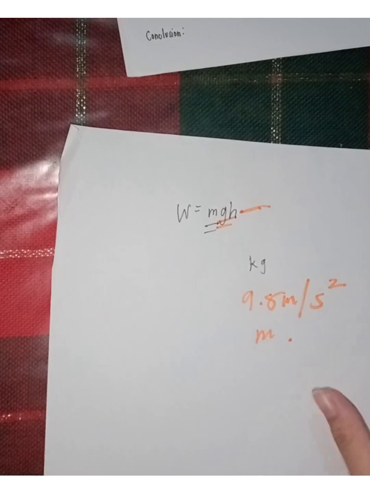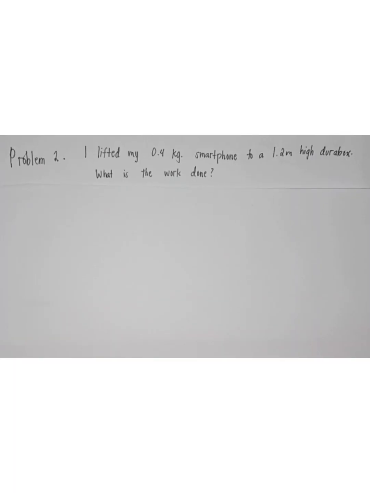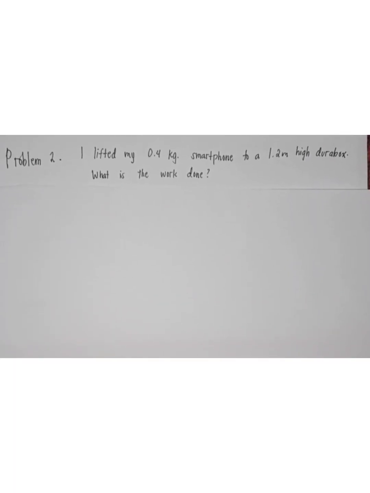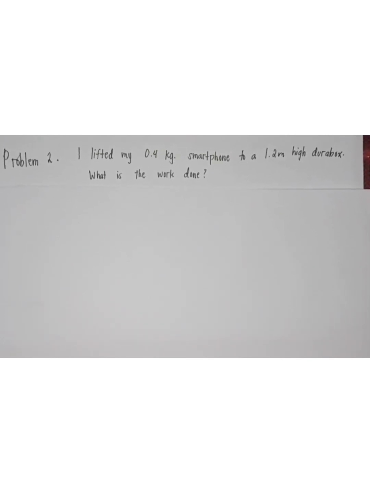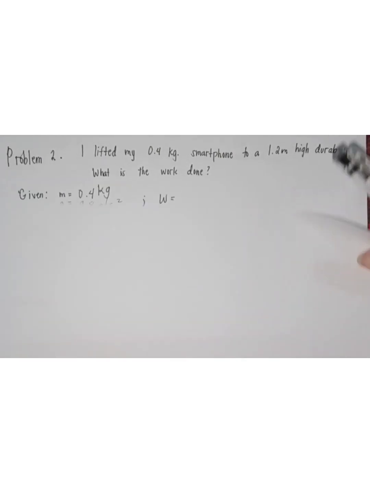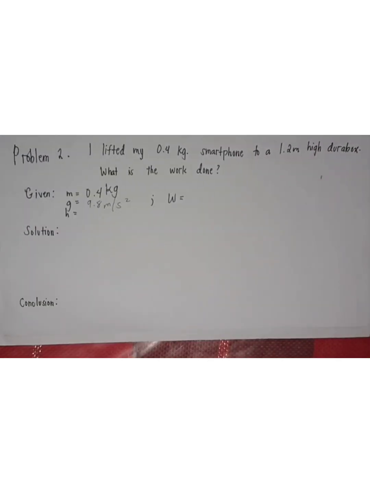So let's proceed to problem 2. I lifted my 0.4 kilogram smartphone to a 1.2 meter high chair box. What is the work done? The given mass is 0.4 kilogram and the acceleration due to gravity is 9.8 meter per second squared.